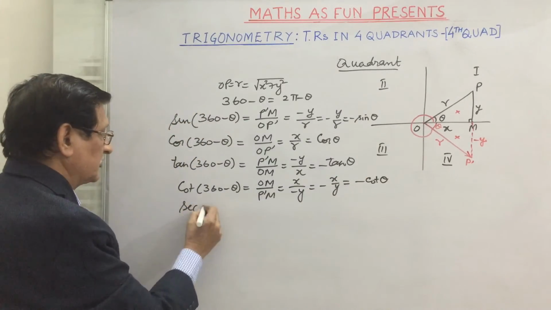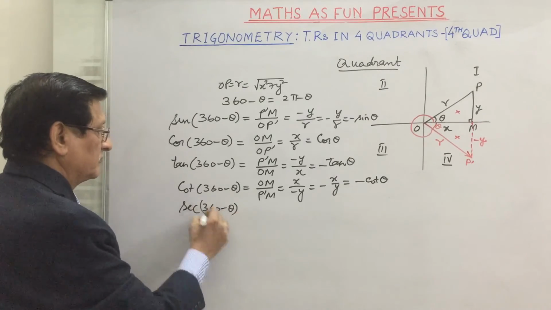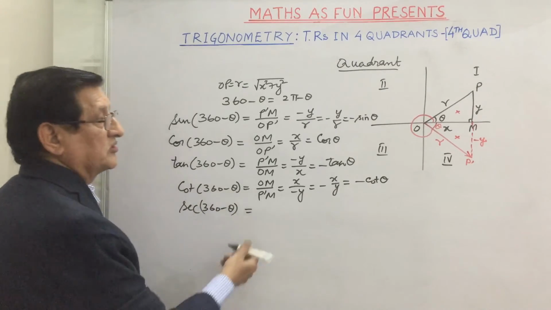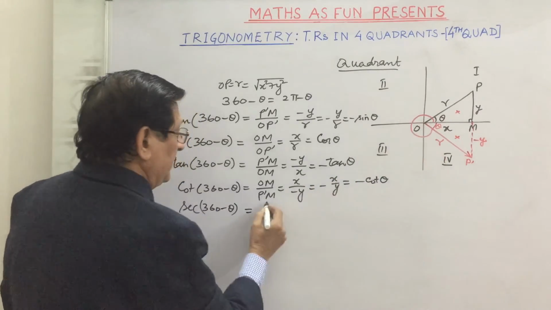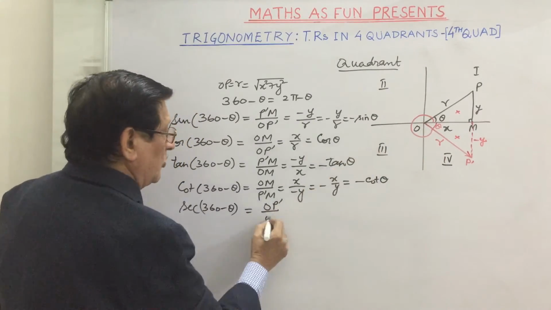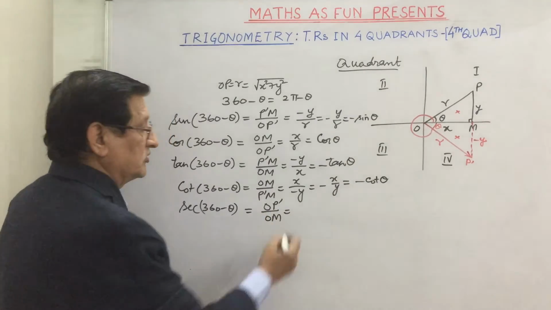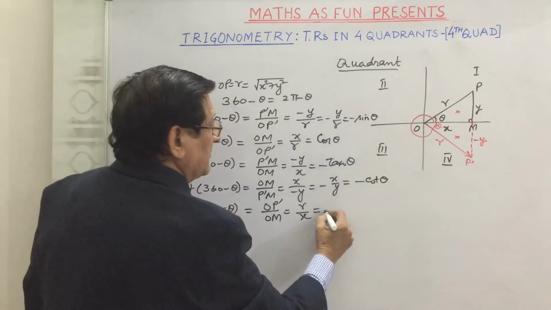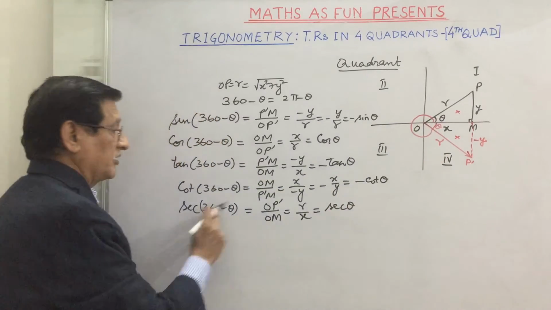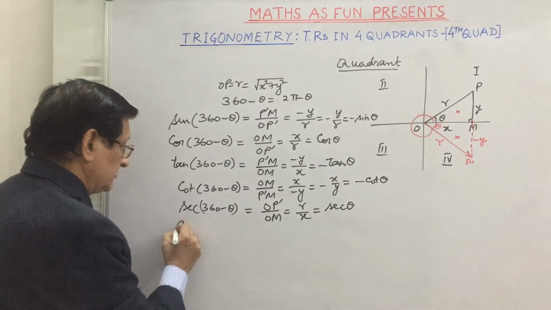If we go for sec 360 minus theta, that comes here as hypotenuse upon base. Hypotenuse is OP dash. Base is OM. So this comes as r upon x. And r upon x from here is same as sec theta. So sec is positive. Cosec.